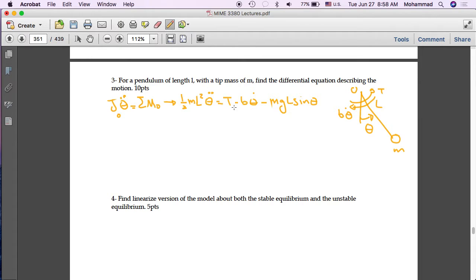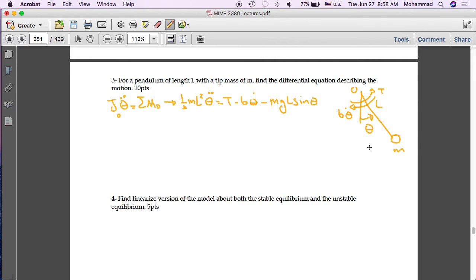Then you have the friction that is modeled as a viscous friction. So it's proportional to angular velocity, so minus b theta dot. And the reason it receives a negative sign is because it opposes motion. So if this is theta positive, it is going to be in negative direction. And the other moment about point O, which is also in negative direction, is the moment caused by force mg, by the weight.